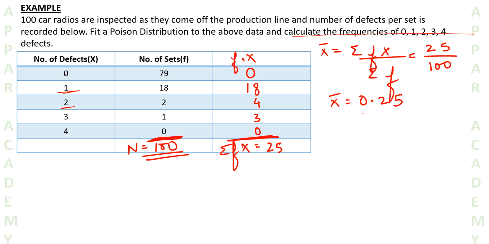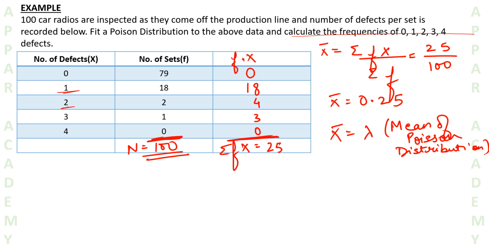So the mean of the given distribution is equal to lambda, that is the mean of Poisson distribution. From here we can say that our lambda is equal to 0.25. So when we have computed that this lambda is equal to 0.25, half of the work is done.